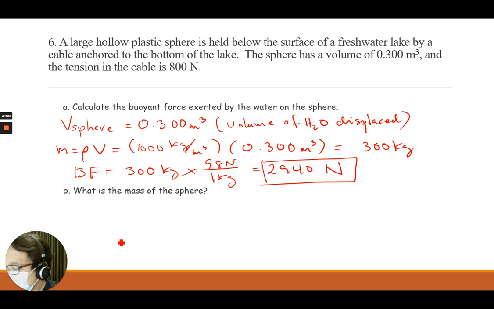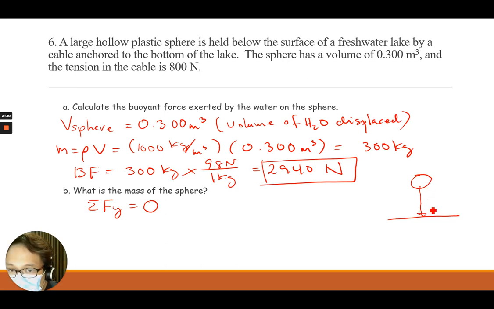What is the mass of the sphere? To get the mass of the sphere, we have to know the weight of the sphere first. So we have to do a sum of forces along the y-axis. There is no movement since it is anchored below the surface of the freshwater lake. So the sum of forces along the y is equal to 0. Let us illustrate. This is the bottom of the lake. There is an anchor, and this is the large hollow plastic sphere.